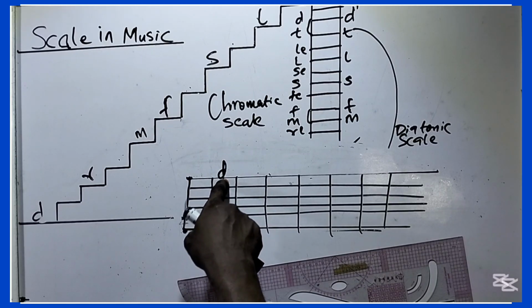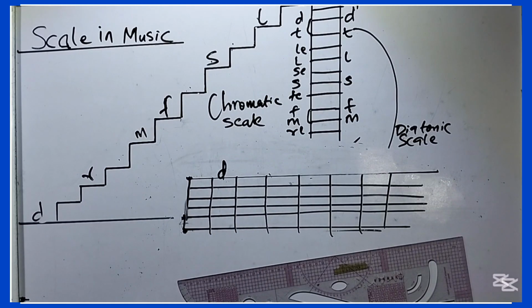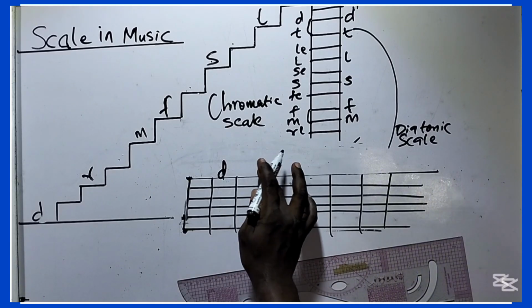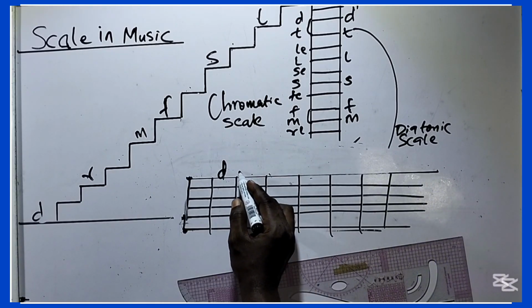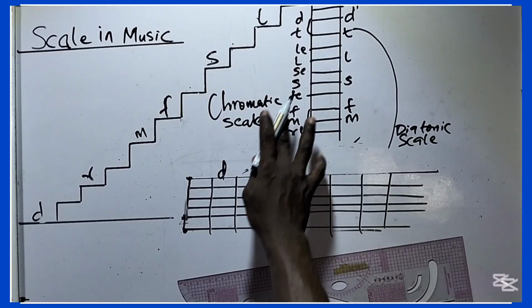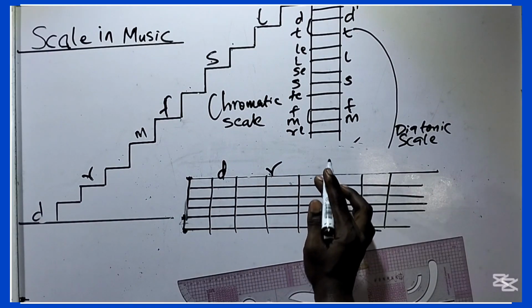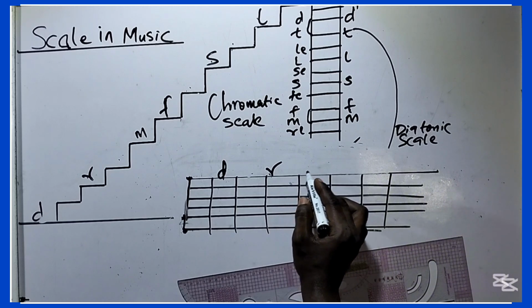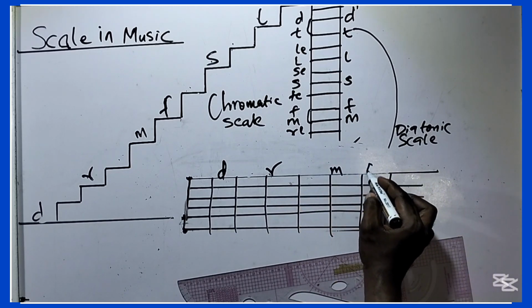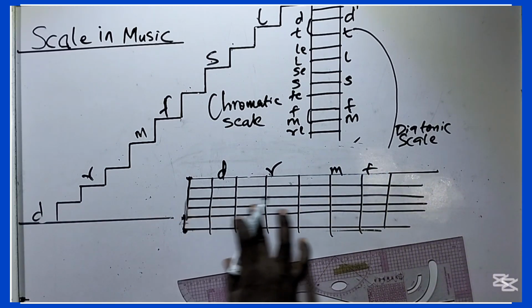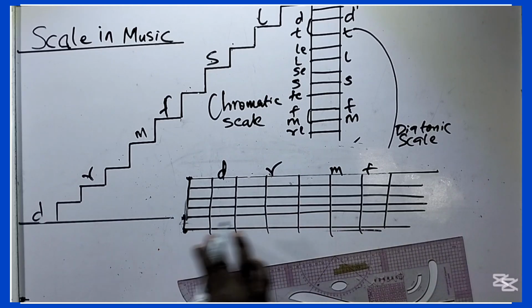So if this F sharp is Do, then you jump this one, which is the Re of chromatic scale, and play the Re here, and jump this one, play the Mi. After Mi, the next one is Fa. It is like that in all these things. Do you understand? So that is how those things work.